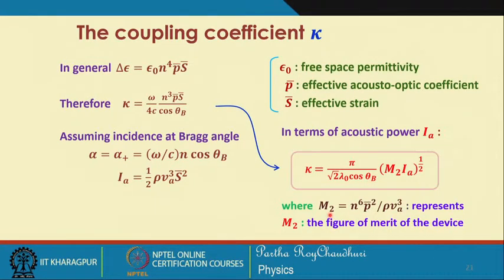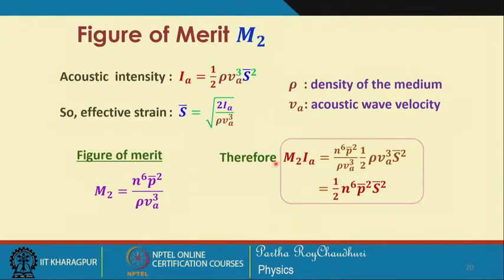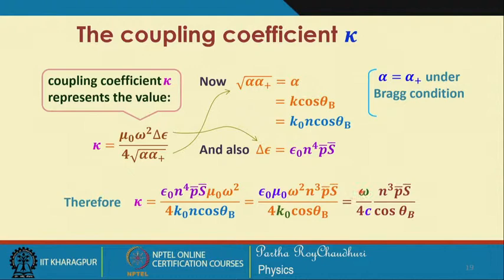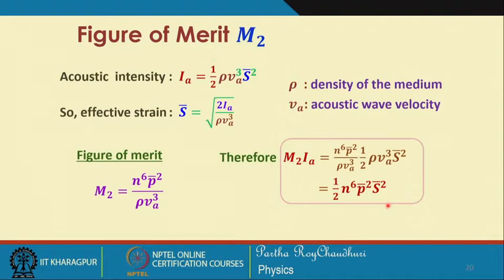You see, M 2 into I under root of that is equal to n cube p and s, which will go into this coupling coefficient.